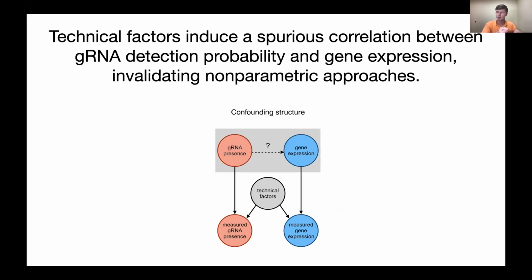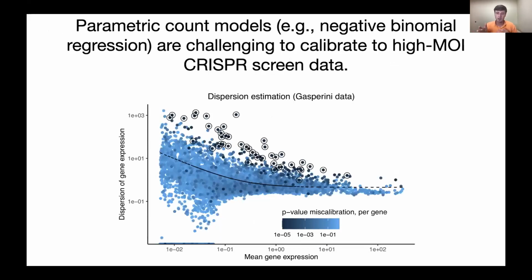Traditional non-parametric approaches like permutation tests and chi-squared tests of independence are not robust to the existence of these confounding technical factors. So standard non-parametric approaches are not going to work for these single-cell CRISPR screen data. The easiest way to correct for technical factors is to include them as covariates in a parametric regression model.